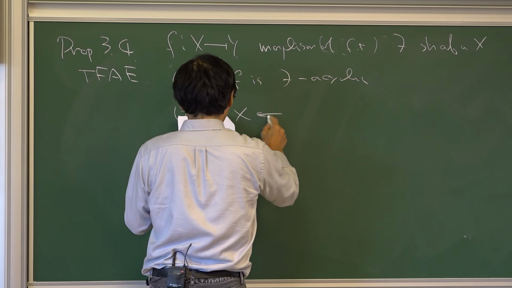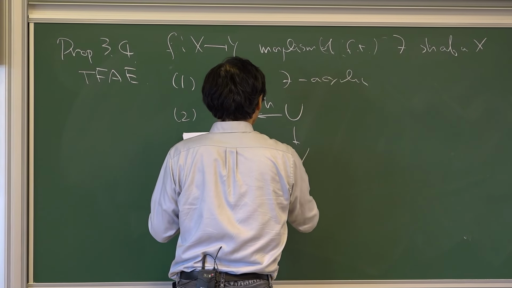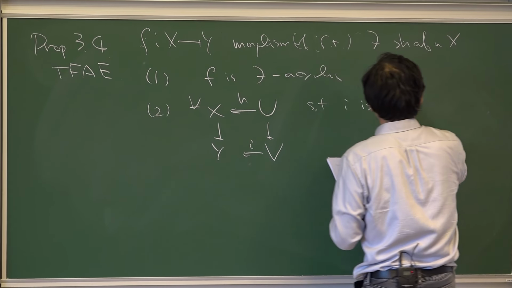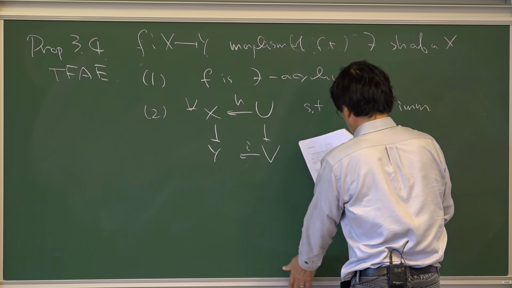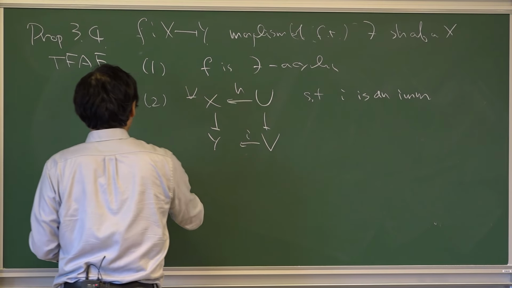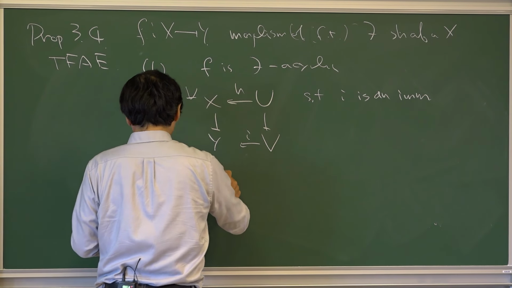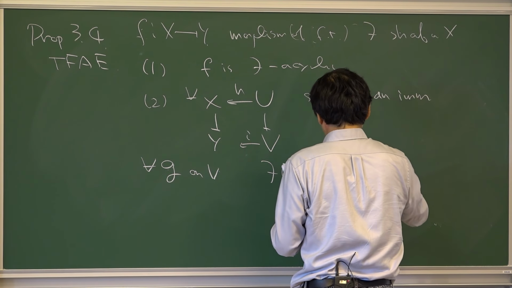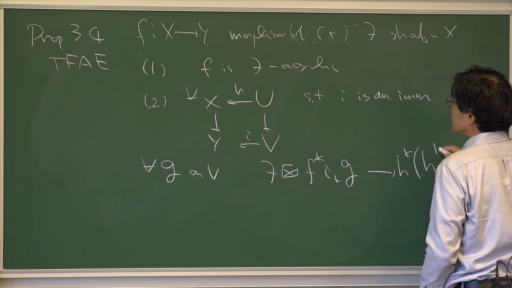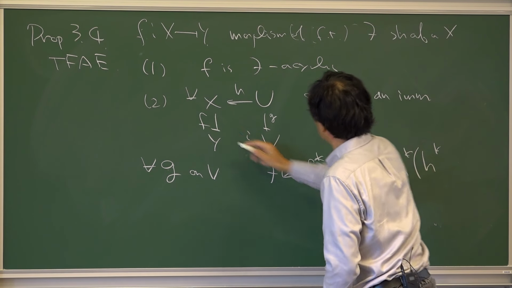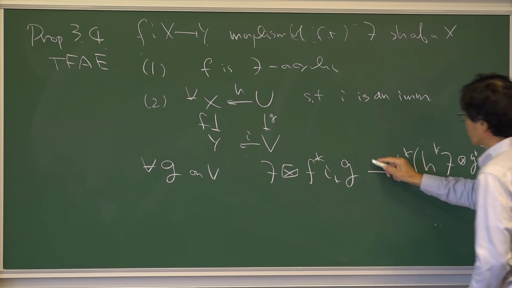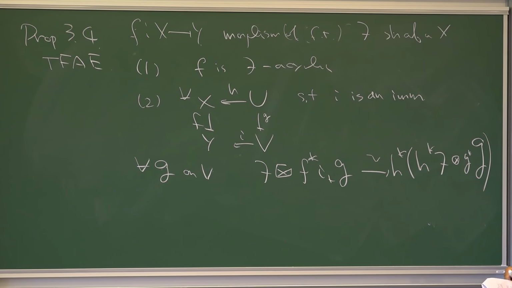In every Cartesian diagram such that i is an immersion, and for any G on V, this canonical morphism h star F tensor i star G is an isomorphism.